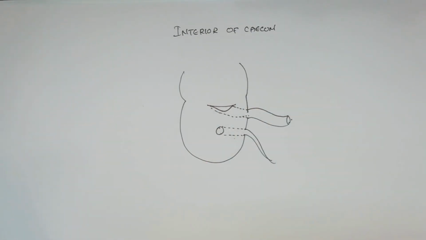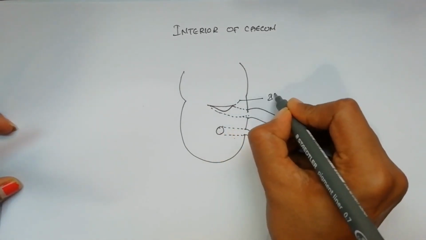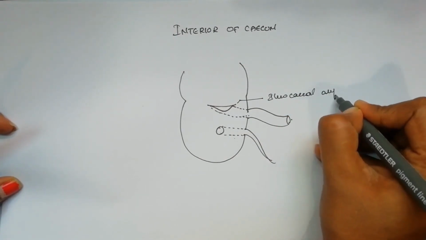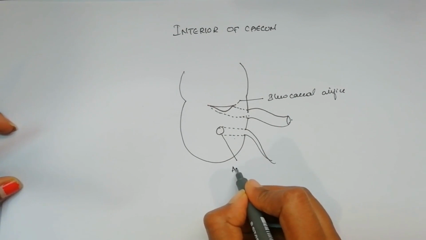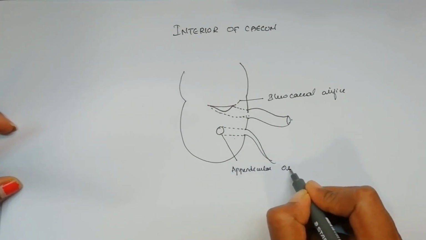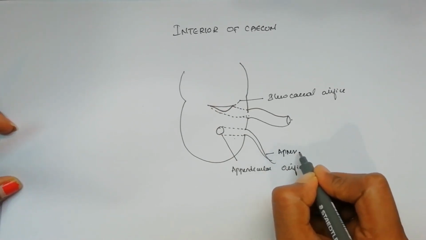So this is ileocecal orifice and this is appendicular orifice. This is the appendix.